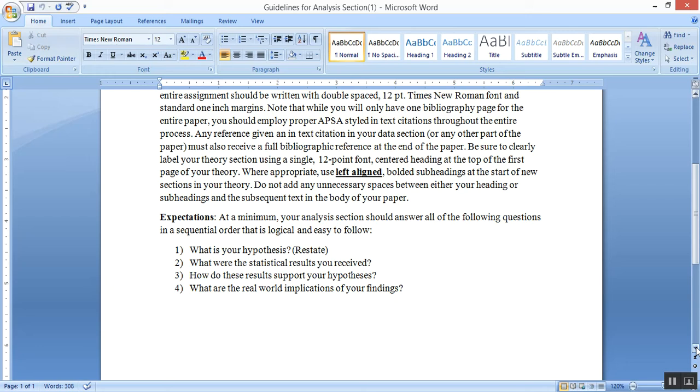Finally, we're going to close with the fourth and final bullet point where you begin to discuss the real-world implications of your finding. So, for example, maybe you're doing an analysis on the relationship between, let's say, vehicle inspection requirements and the overall amount of air pollution in a particular state or across different states.